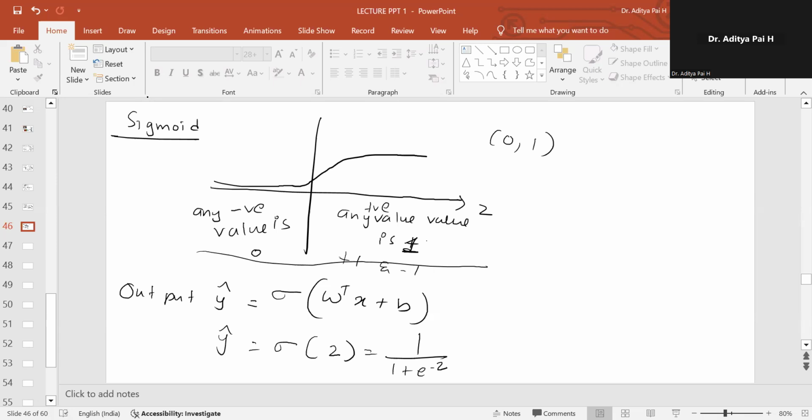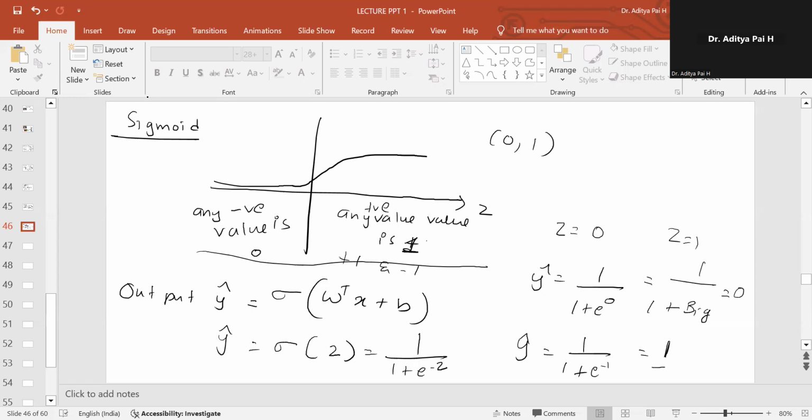So if the value of z is large and positive, then y hat is 1 by 1 plus e power minus z, which is 1 by 1 plus a very small number, close to 1. And if z is very negative, then e power minus z is a big number, and y hat is 1 by 1 plus a big number, which is close to 0. So this is the sigmoid function.